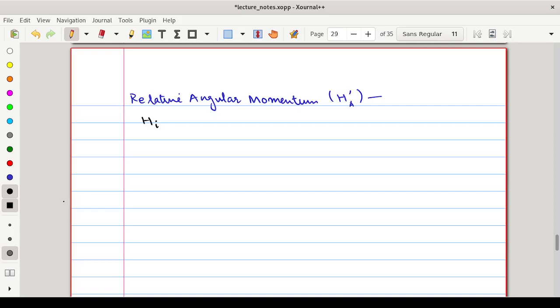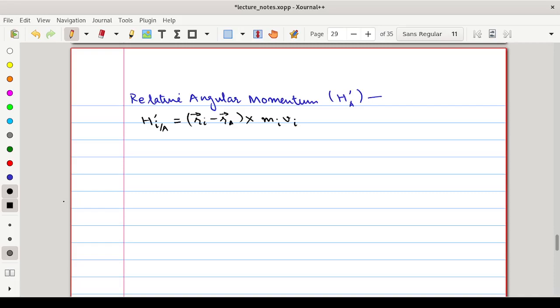Relative angular momentum Hi prime with respect to some reference point A is defined like this: Ri minus Ra cross Mi Vi. So this is basically our definition of angular momentum.